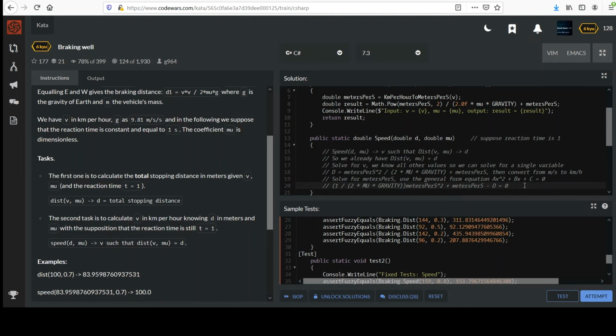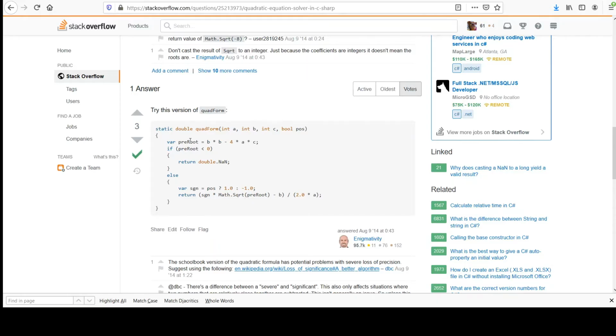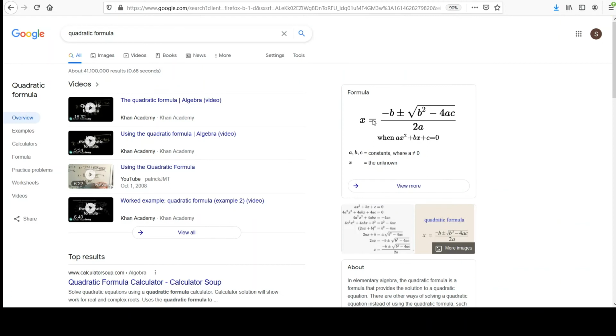So we're going to use the quadratic equation to get the roots of this general form equation. I had gone searching to see if C# had anything built in, like the quadratic equation. I didn't see anything from a quick search, but it led me to Stack Overflow, where I saw someone had implemented a form here. So we'll just copy that. If you wanted to see the quadratic formula, maybe this looks familiar, right?